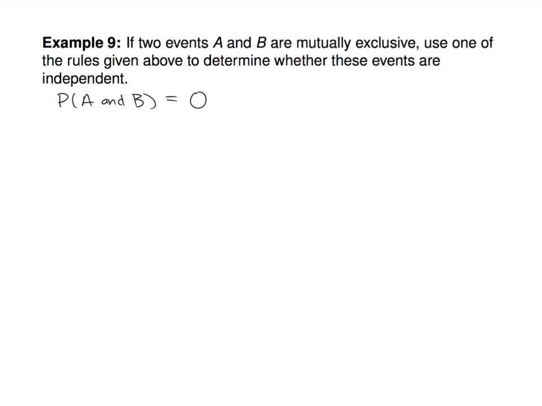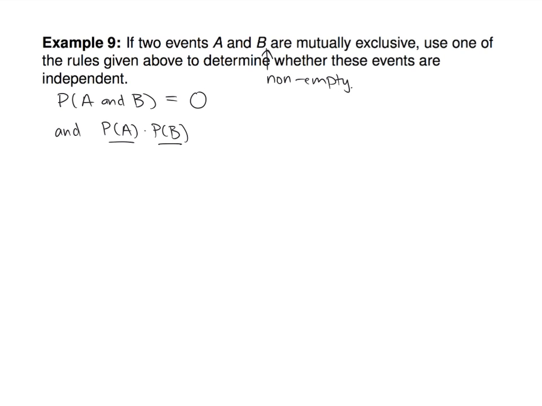I probably have to assume that these are non-empty events. Compare that to P of A times P of B. We're assuming that A and B can't be impossible things. What kind of number is going to come out, assuming there's actually stuff in both A and B?